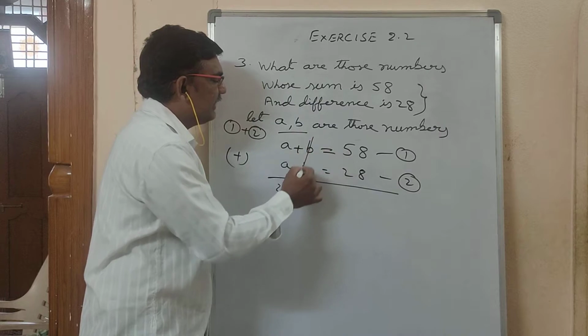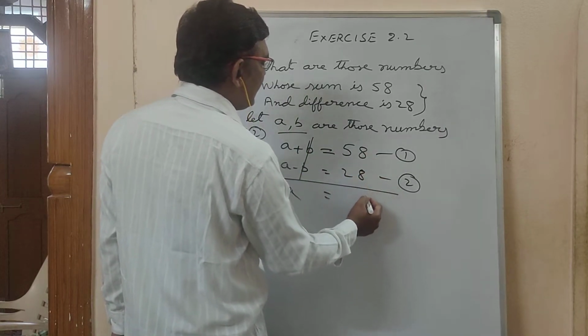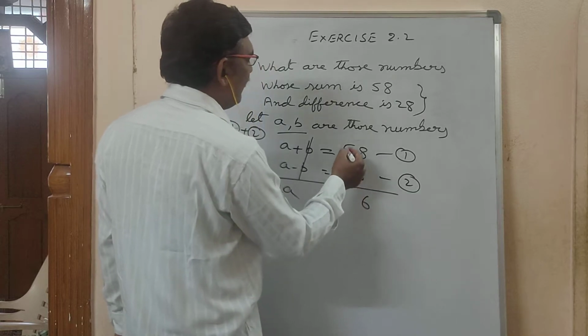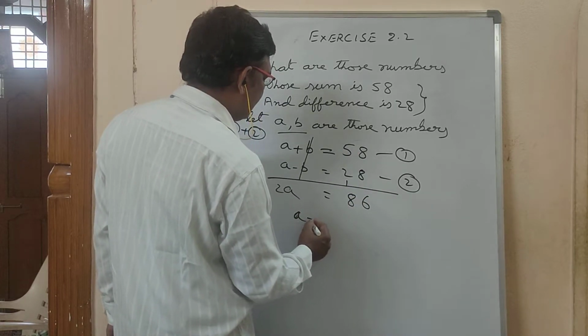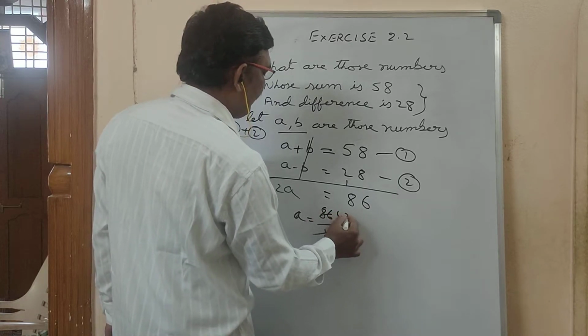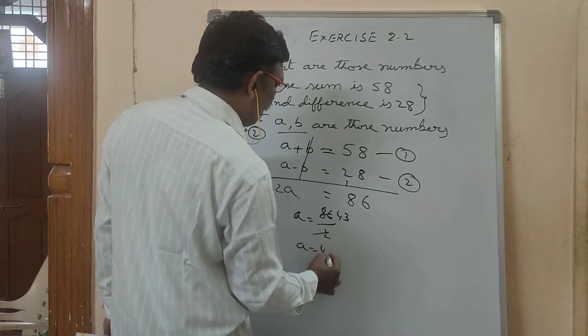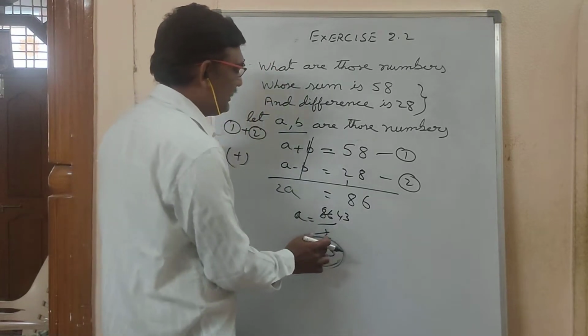Plus B minus B cancelled. Is equal to 58 plus 28. 8 plus 8 is 16, 1 carry, 5 plus 2 plus 1 is 8. 2A is equal to 86, so A is equal to 86 by 2. You are getting 43. So one number is 43.